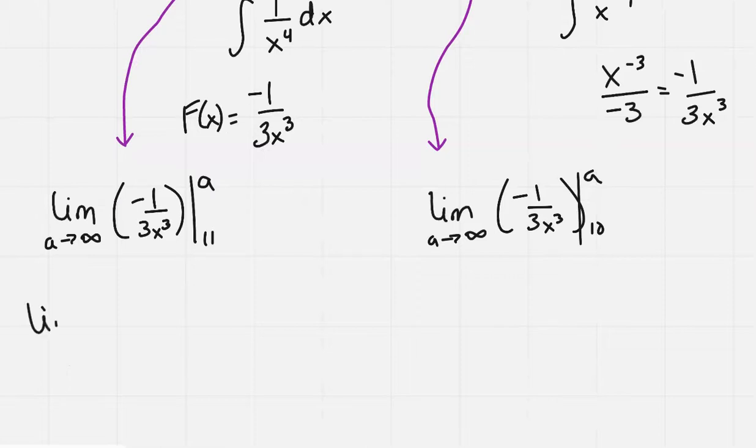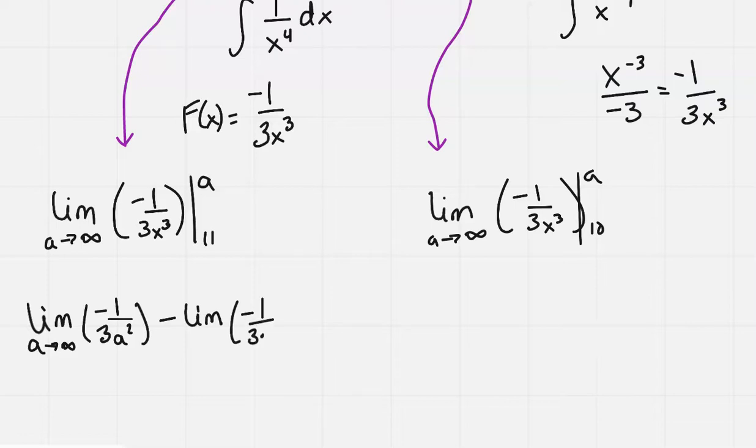I get the limit as a goes to infinity of negative 1 over 3a cubed, minus the limit as a goes to infinity of negative 1 over 3 times 11 cubed. But that's just a constant on the right. And so this limit will equal 0 on the left.